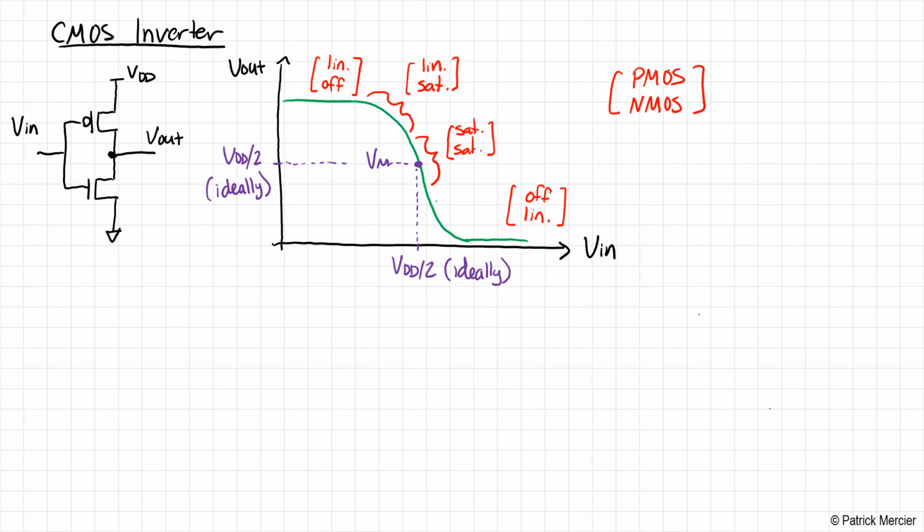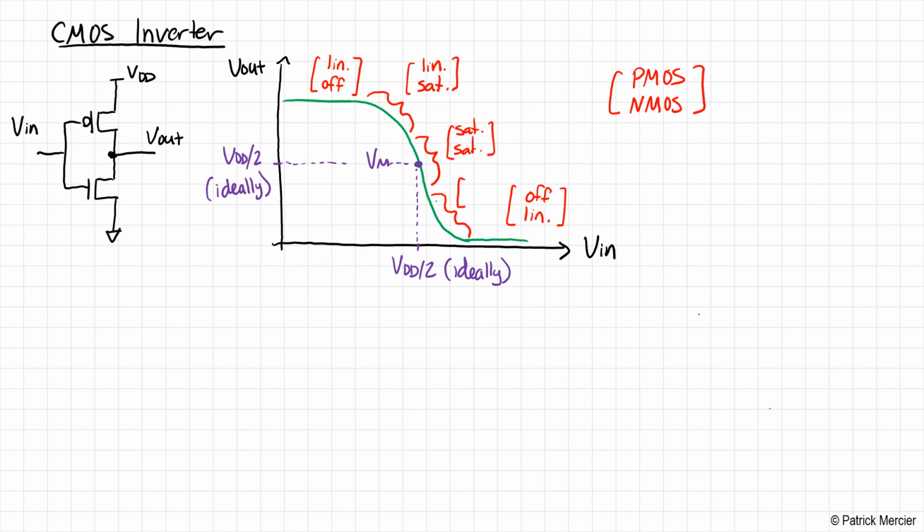Since both transistors are operating in the saturation regime, we actually get double the amount of transconductance that we would otherwise get with a single transistor operation. We're not going to study amplifiers in this course. It's just an interesting observation.